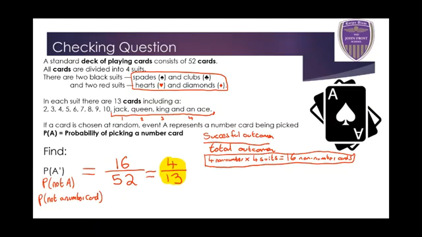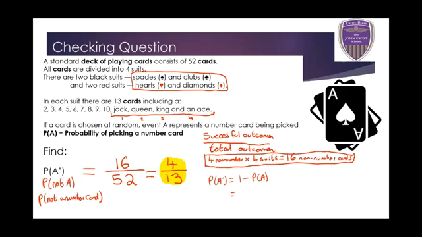Now, some of you might have worked it out a slightly different way. Some of you might have worked out that the probability of A prime is equal to 1 take away the probability of A, because A and A prime have to add up to 1.